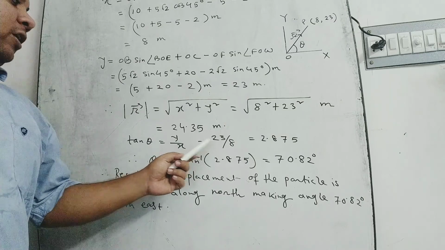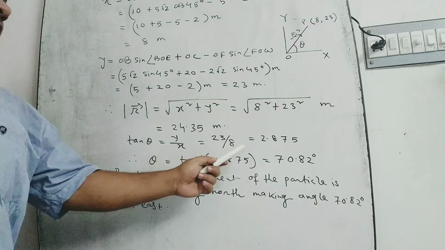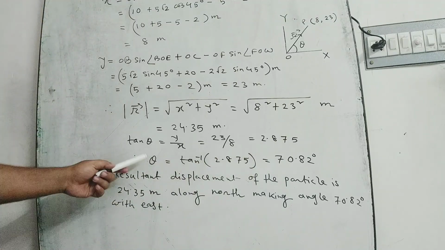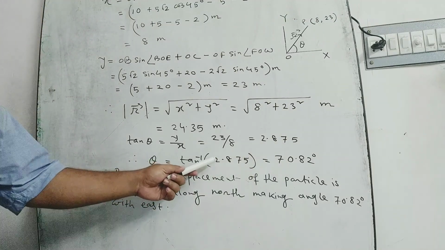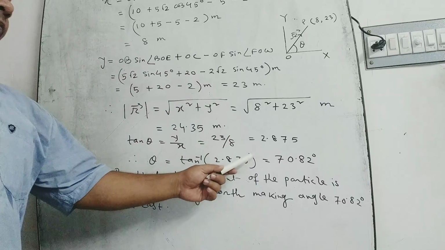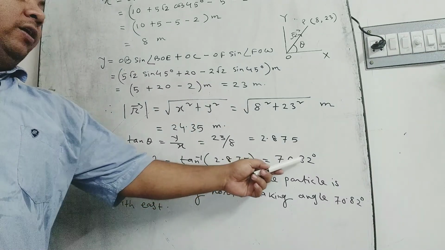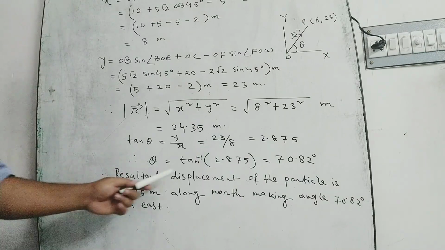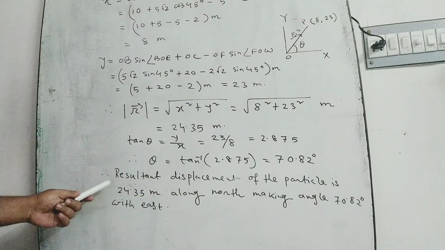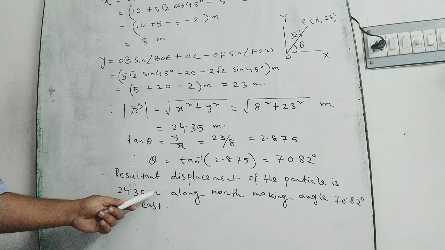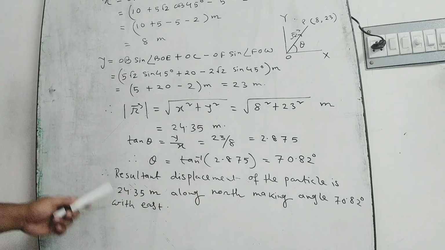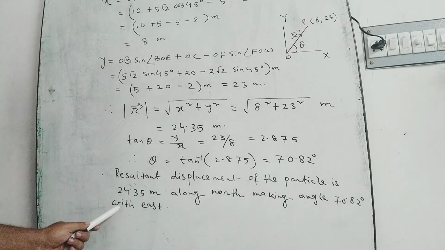This gives tan theta is equal to 23 by 8 is equal to 2.875. Therefore, theta is equal to tan inverse 2.875. This is equal to 70.82 degree. Therefore, the resultant displacement of the particle is 24.35 meter along north, making angle 70.82 degree with east.